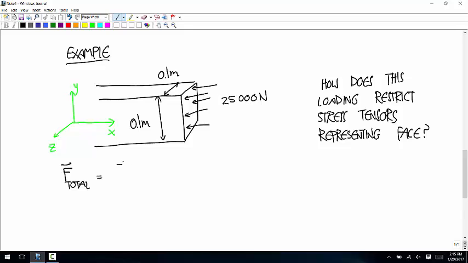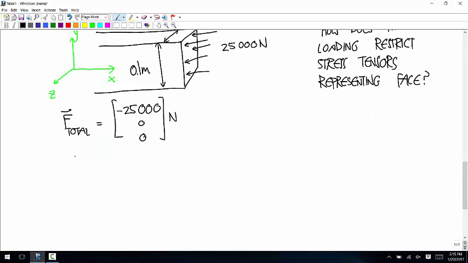So that force is just negative 25,000, 0, 0 in newtons. That's not a traction. Traction has to be force per area. So we'll divide by the face's area to get the traction.